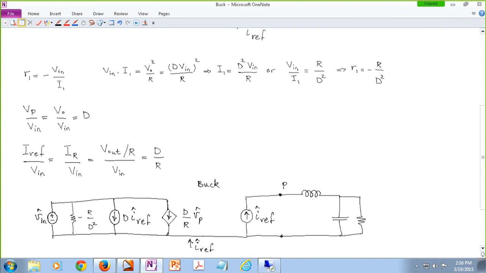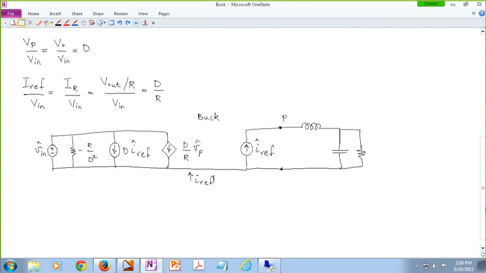Okay, now what I can do is we have small signal perturbations of Vp appearing over here, but maybe I can look at the secondary side and see what this Vp is representing. So basically this is Vp, small signal perturbations in the pole voltage.